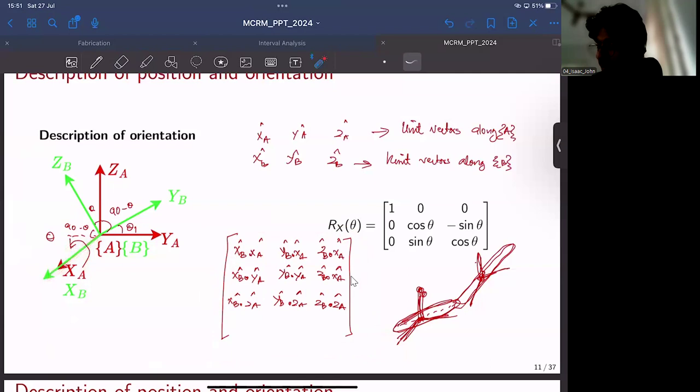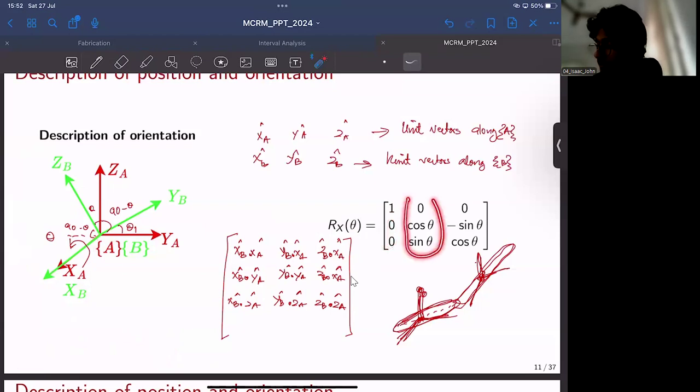So the dot product XB dot XA is cos 0, which is 1. That makes 1 the first column entry. And since the angle between XB and YA is 90 degrees, and XB and ZA is also 90 degrees, the remaining two entries are 0.